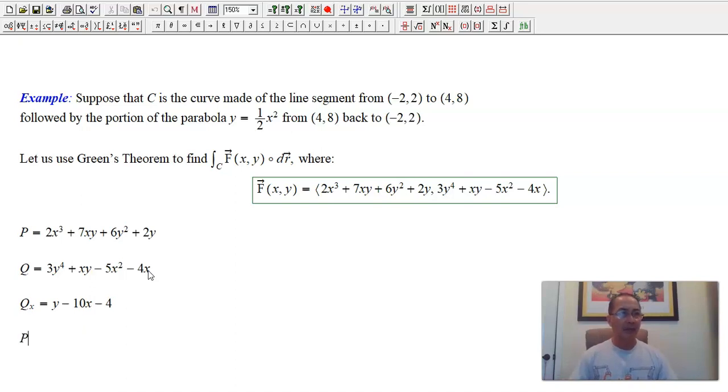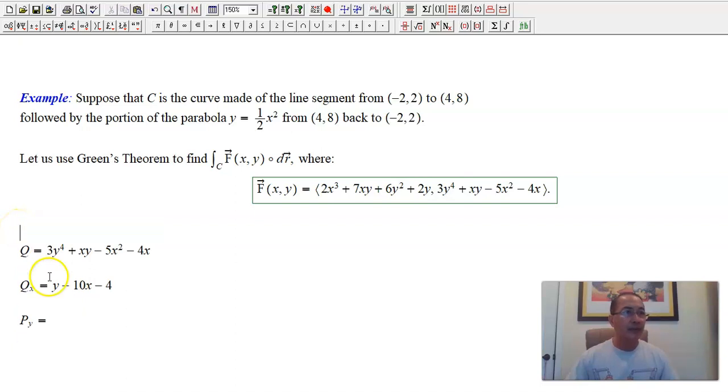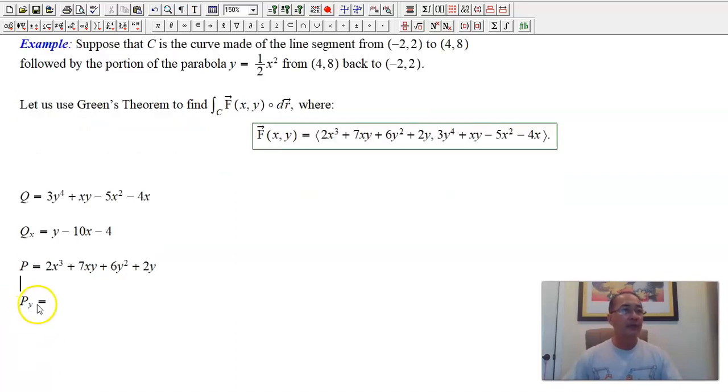How about py? Qx minus py. So p is over here. Why don't we move it down so that we are not so confused. So what does py look like? 7x, 12y, and 2. Okay, so that is our py. Check: 7x, yes, 12y. Very good.